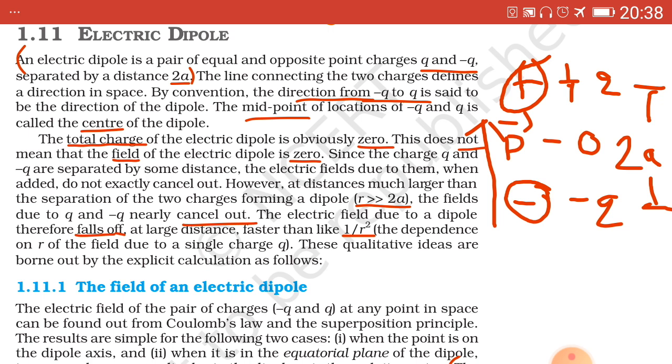An electric dipole is a pair of equal and opposite point charges, q and minus q, separated by a finite distance, that is 2a is the distance between those two charges, plus q and minus q, which is shown in the diagram given besides, which I have drawn.